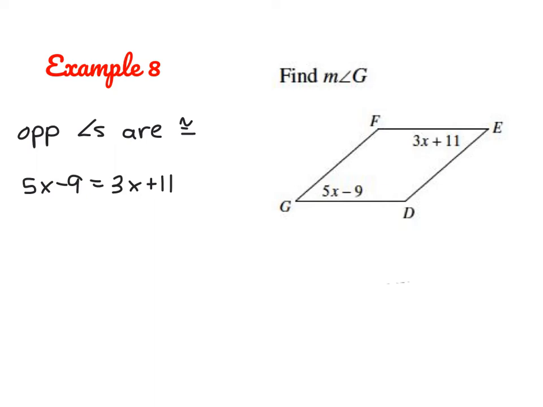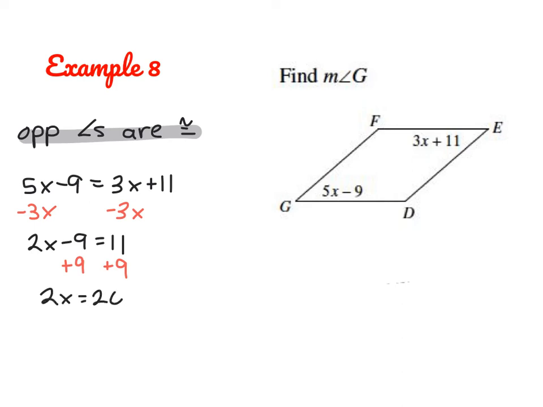We cannot make that equation until we have stated this fact. Now from here we can solve. I'll subtract 3x from both sides. I will add 9 to both sides. And we can divide both sides by 2. So we get x equals 10.